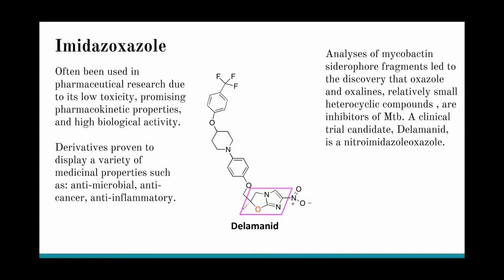For non-replicating MTB, it releases nitric oxide via bioactivation, and that is toxic to the organism and it causes respiratory poisoning. In replicating strains, it interferes with mycolic acid synthesis of its cell wall.